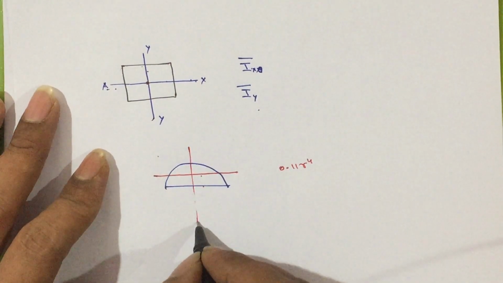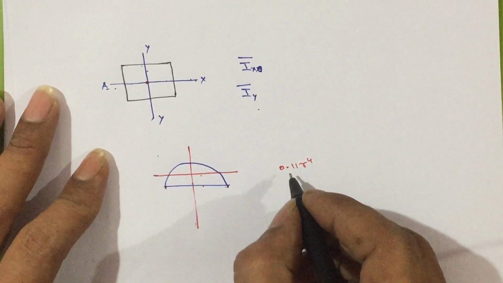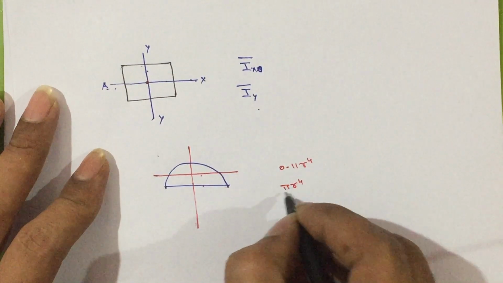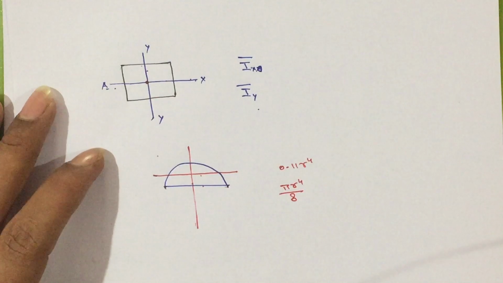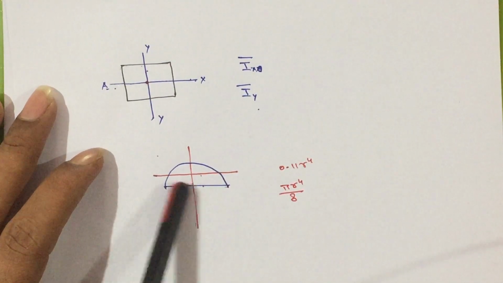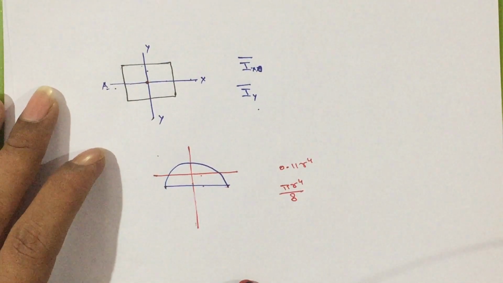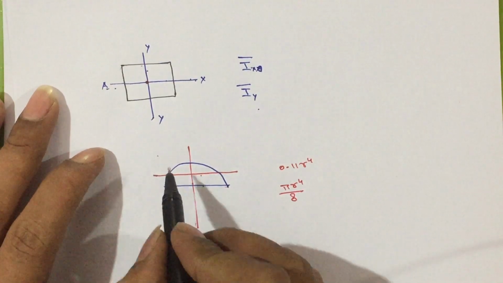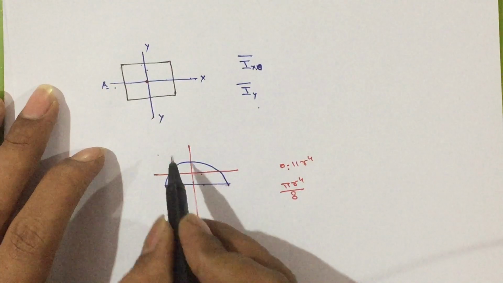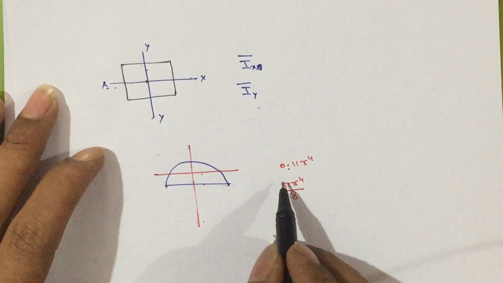Suppose if the given axis is perpendicular to the base, then you will get in terms of fraction, that is pi r to the power of 4 divided by 8. Always remember, not only in semicircle, in all the circle, it may be a circle, half circle or 1/4 of a circle, if the axis is parallel to the base, you will get in terms of decimal. If the axis is perpendicular to the base, then you will get in terms of fraction.